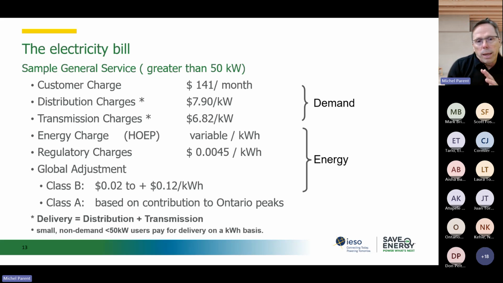And for the Ontario commercial customer, you have 2 classes of customer. And I'm not saying class because one is a lower class and one a higher class, but you've got class A and class B. And I'm not talking about the type of buildings, really the size of buildings. So the class A customers are usually on the commercial side above 1,000 kilowatt of peak demand, average peak demand in the summer.